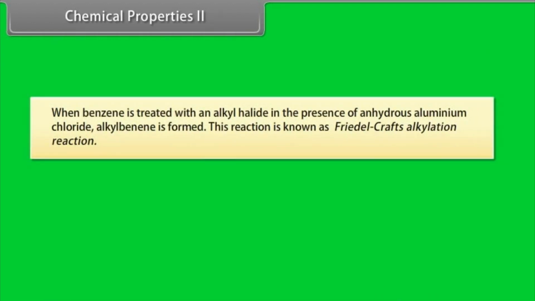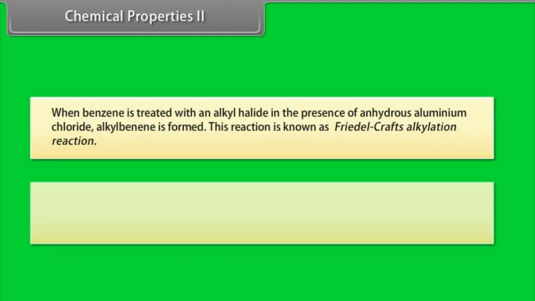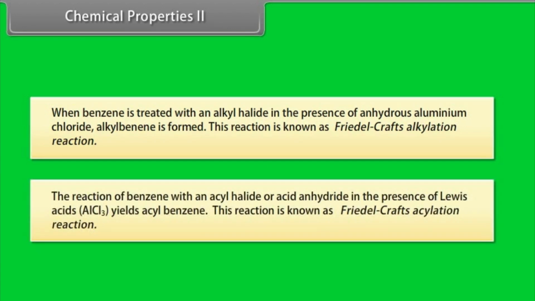When benzene is treated with an alkyl halide in the presence of anhydrous aluminium chloride, alkylbenzene is formed. This reaction is known as Friedel-Crafts alkylation reaction. The reaction of benzene with an acyl halide or acid anhydride in the presence of Lewis acid, AlCl3, yields acylbenzene. This reaction is known as Friedel-Crafts acylation reaction.